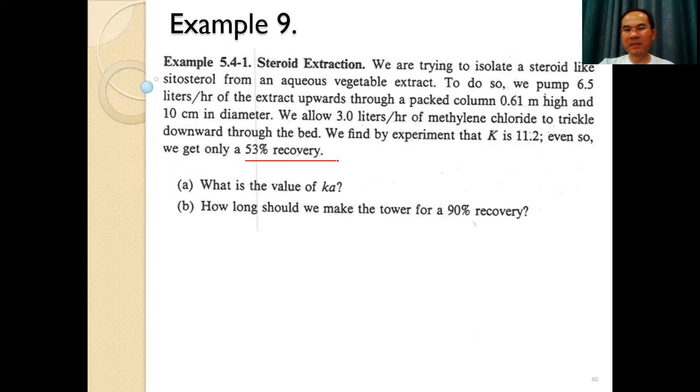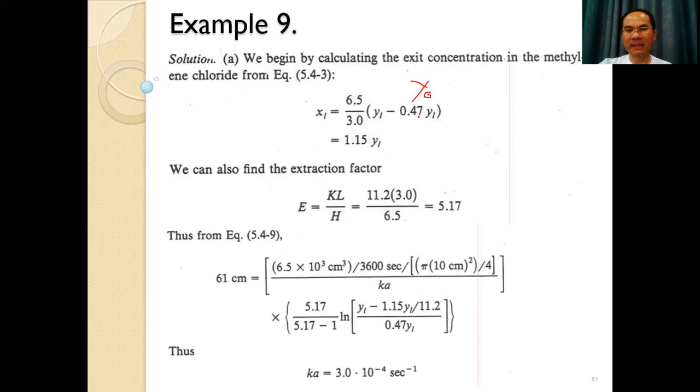That means 53% of sitosterol moves to methyl chloride, and then 47% remains in the aqueous vegetable extract. That means the heavy phase is 47%.